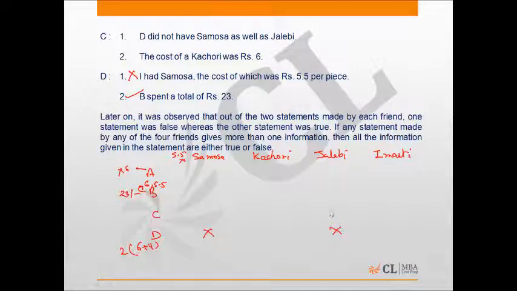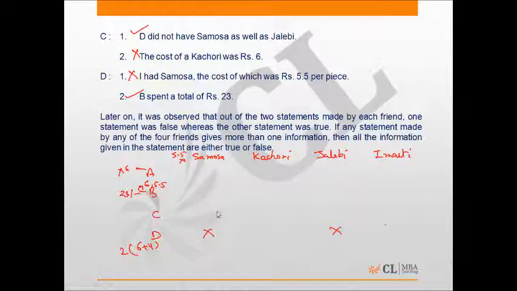Now statement 1 of C says D did not have samosa as well as jalebi, which is true, right? So if this is true, this has to be false. So the cost of kachori was 6 rupees, this is false.